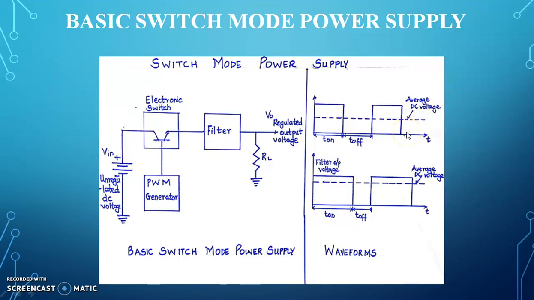Now if we want to increase the average DC voltage, then we'll have to increase the T-on period. The T-on period is increased with the help of the PWM generator, which will increase the value of the T-on, and it is given to the input of the filter. So the output of the filter will give regulated DC voltage which is increased.